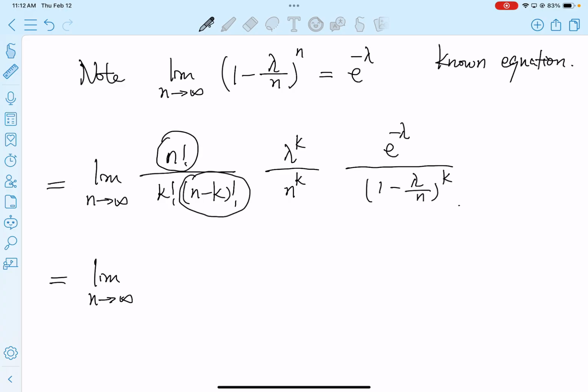That means on the numerator we will have n multiplied by n minus 1 multiplied by n minus 2 all the way to n minus k plus 1. The reason is that anything that is n minus k, and then n minus k minus 1, will all be cancelled out by the factorial in the denominator. So on the numerator, we only have that.